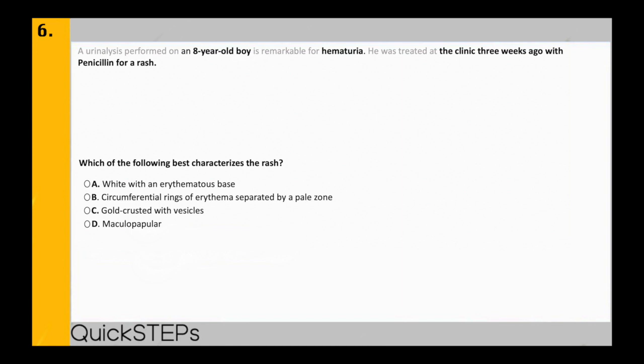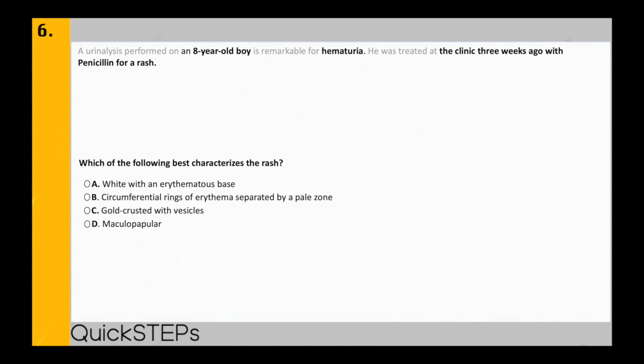Out of the answer choices, which one most closely resembles a description for impetigo? Would it be answer choice A, white with an erythematous base? No, that's a pretty general description for ulcers and Koplik spots. It's not super specific. But it's definitely not for impetigo.